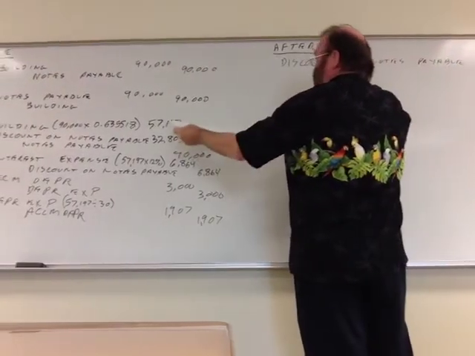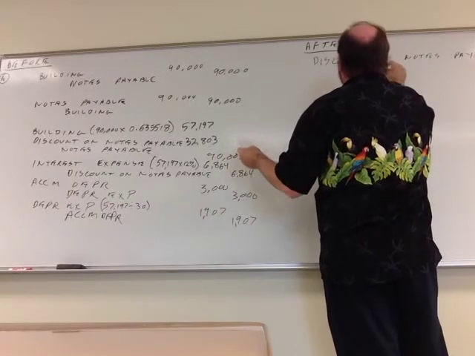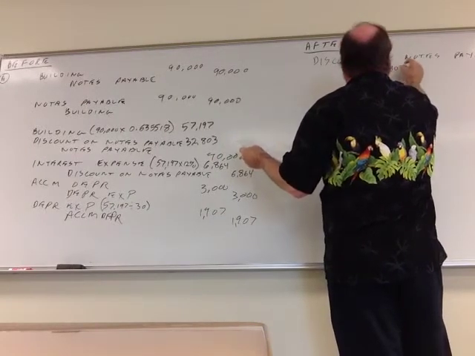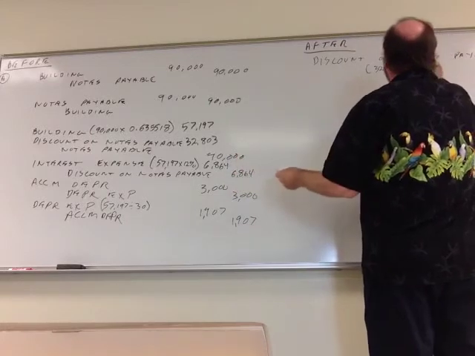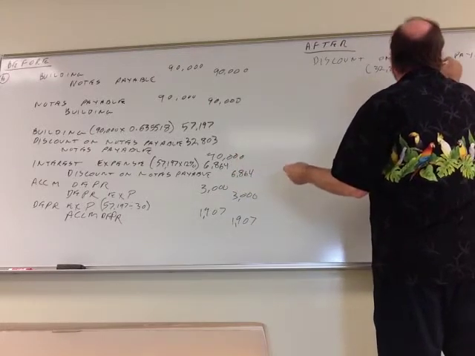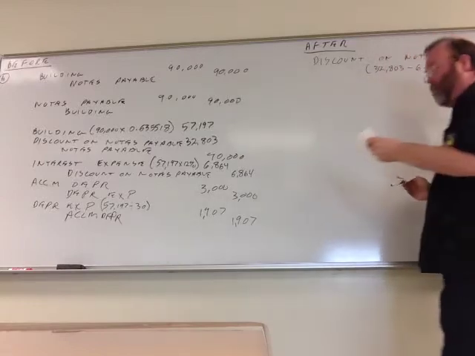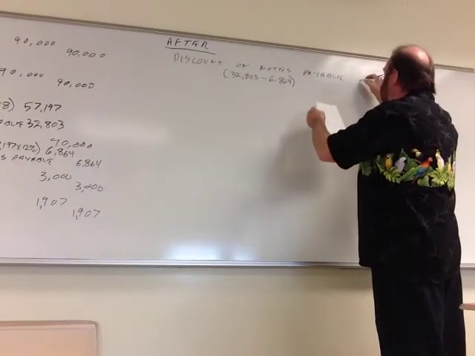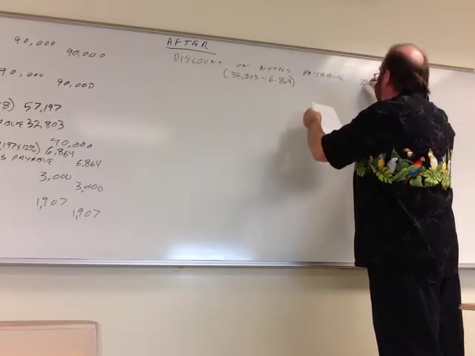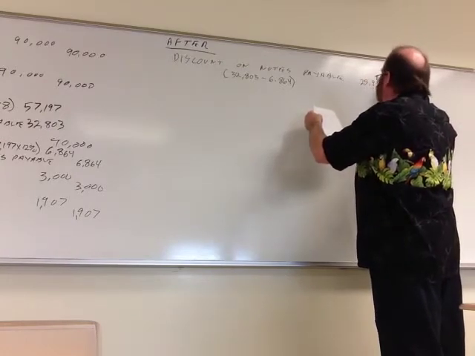And that's the original 32,803 minus the 6,864 that you had already amortized. So that leaves you a net fix of 25,939.